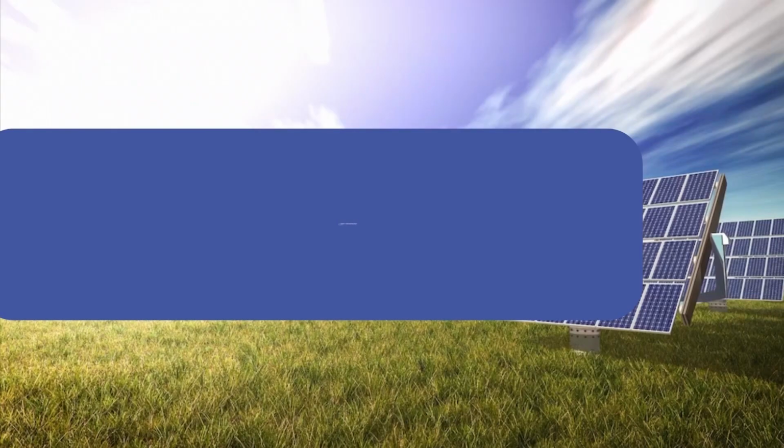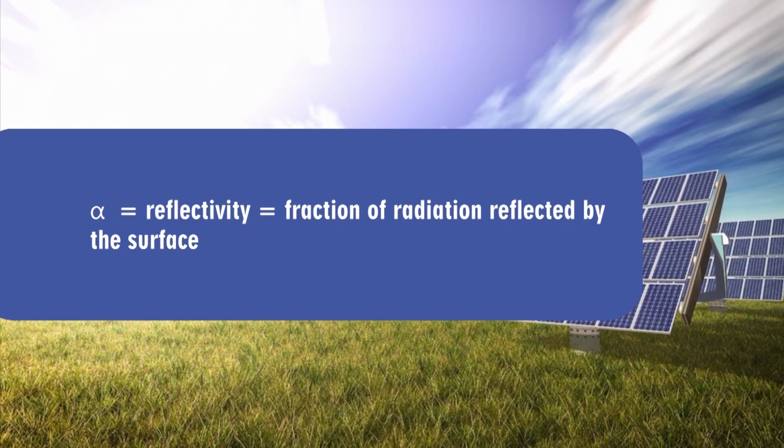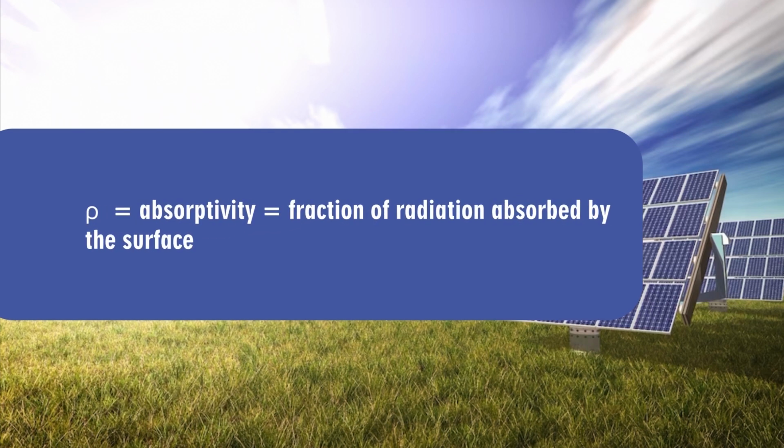These are defined as follows. Rho denotes reflectivity, or the fraction of radiation reflected by the surface. Alpha denotes absorptivity, and it can be defined as the fraction of the radiation absorbed by the surface.